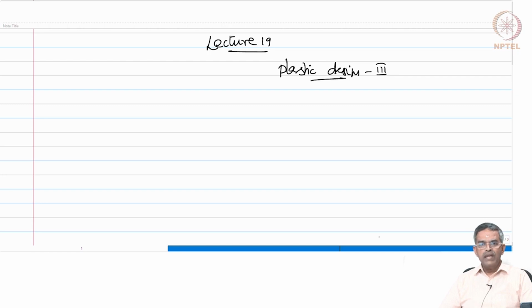Each and every layer in the cross section has the freedom to reach the yield stress, because we have assumed that each and every fiber is independent to elongate or contract, so that the stress value can reach sigma y. Once sigma y is reached, the next fiber is increased to the stress of sigma y and so on. So, the whole cross section gets plastified.